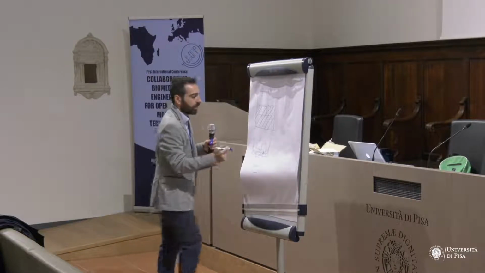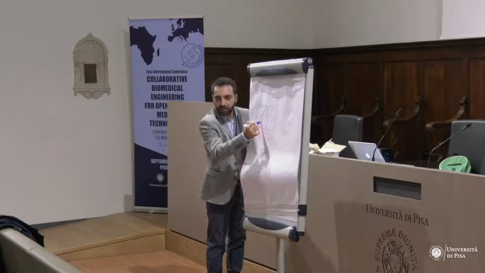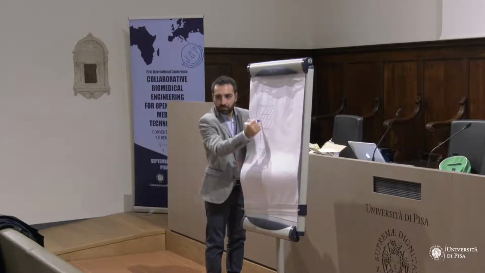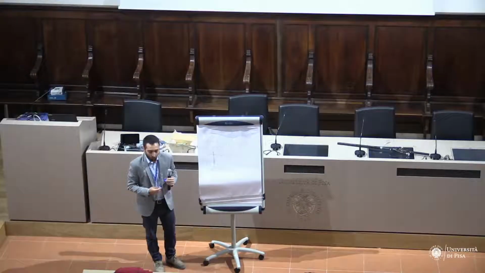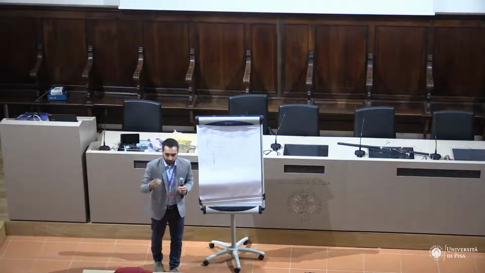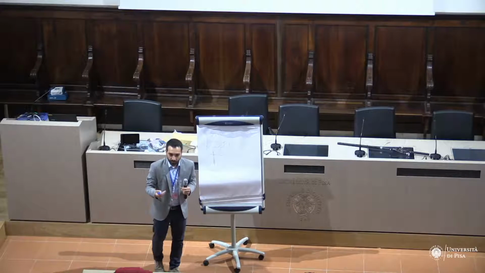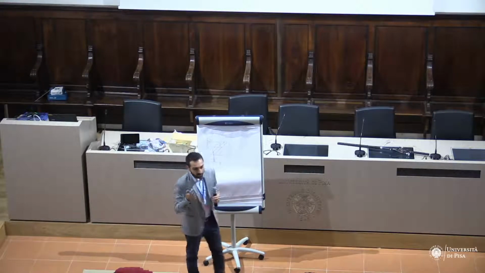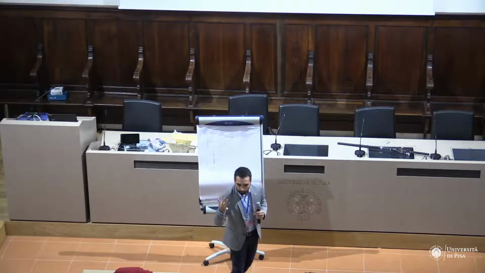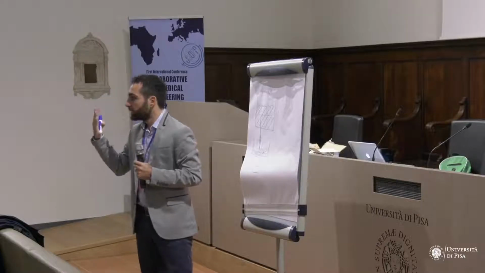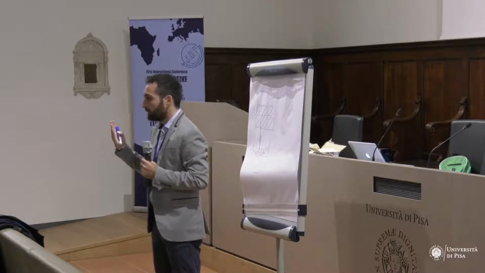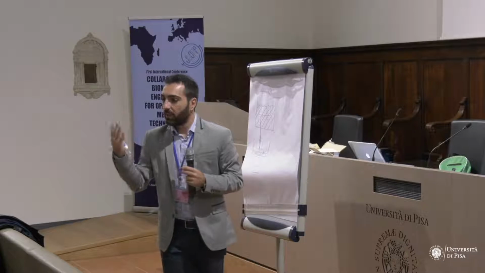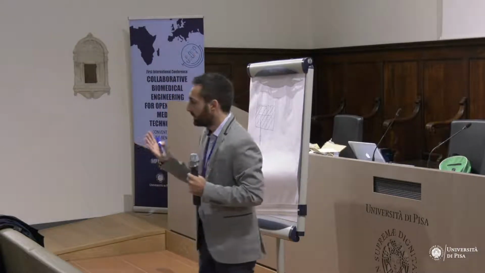So what they were thinking, okay, I move up and then down, up and down, up and down. How many times? All the times that you need to print. So if you make layers of 25 microns, you have in 100 microns 4 times, in 1 millimeter 40 times, in 1 centimeter 400 times.